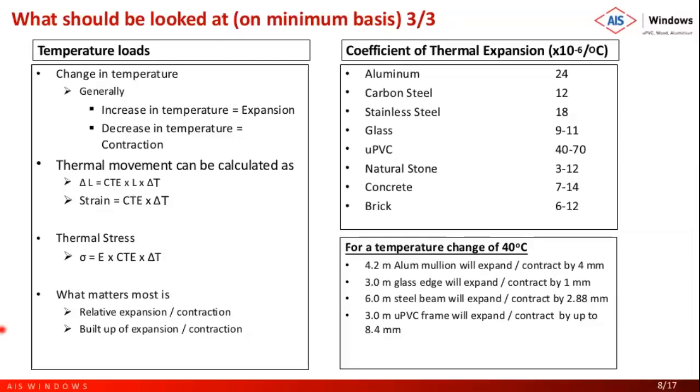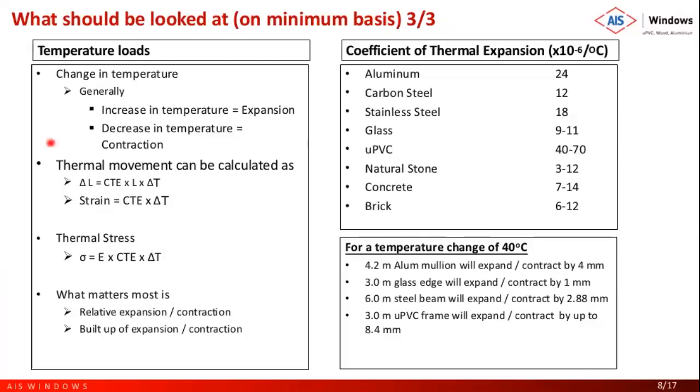So on the table just below it, for the sake of understanding the movement caused by thermal change, for a temperature change of 40 degrees Celsius on a 4.2 meter mullion, which is a standard generally used slab height, a 4.2 meter aluminum mullion will expand or contract by 4 millimeter. So if the temperature is increased by 40 degrees Celsius, the mullion size will increase by 4 millimeter.